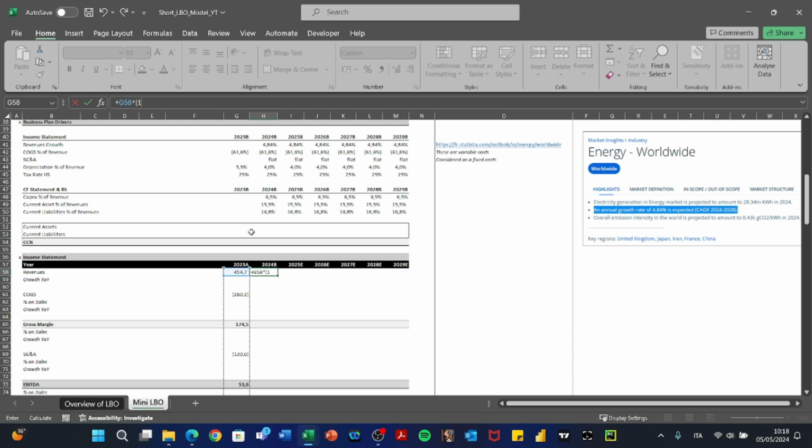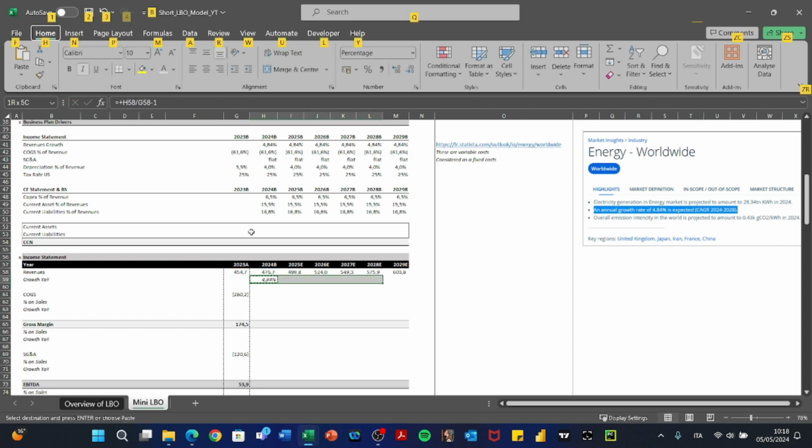times 1 plus the growth. Okay, the revenue for all over the period.